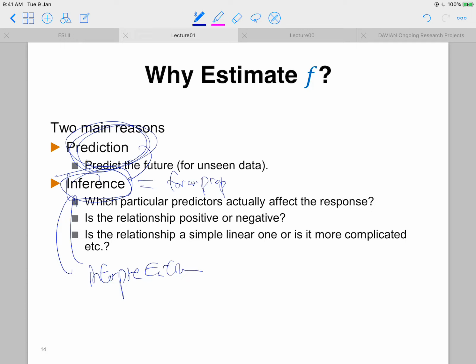So it is about identifying or understanding the relationships between our input variables and output variables. Sometimes this itself can be our main task, rather than just trying to predict some unknown cases.